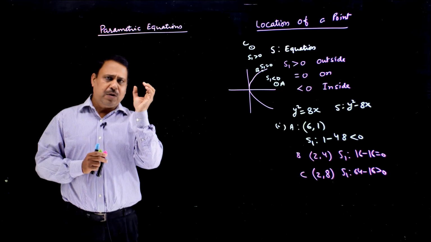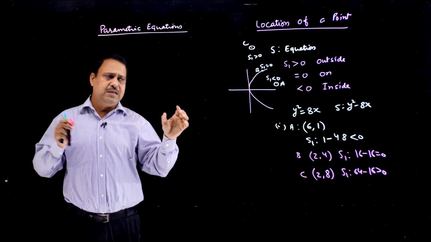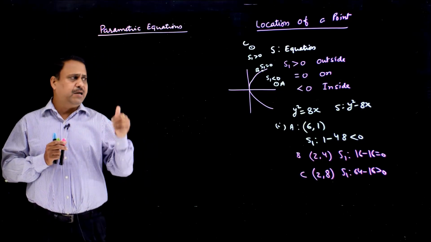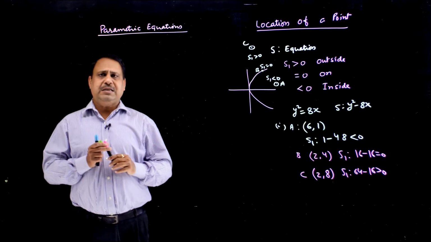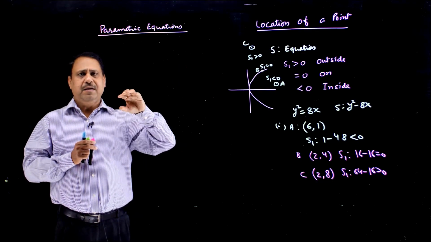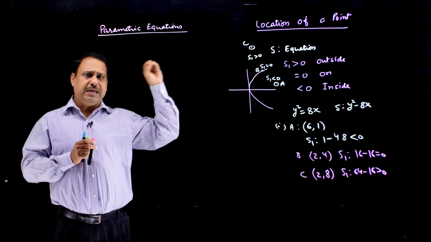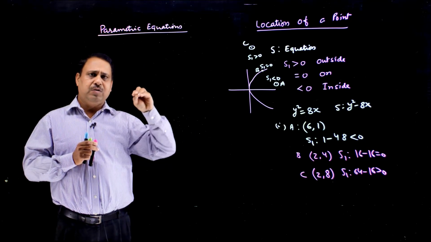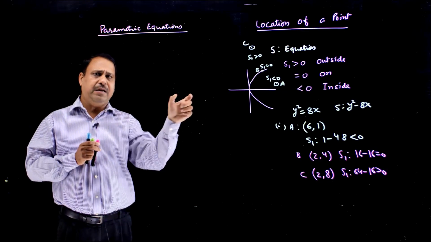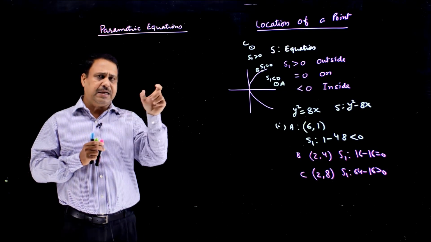That means I am now connecting x and y, two different things, with the help of some third variable. For example, I can say x is a function of t, y is a function of t. Then t becomes the parameter. t can have any real number. So instead of selecting two variables, I have to select only the value of t. x and y automatically get connected.